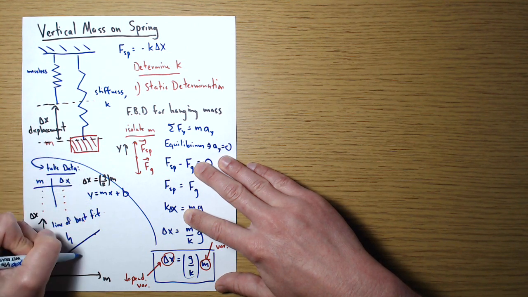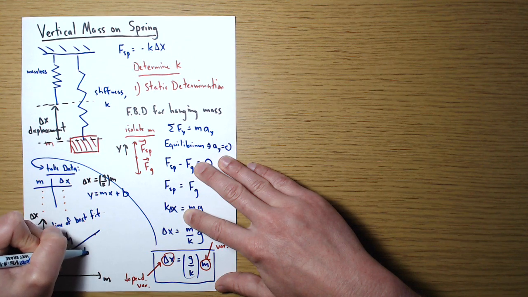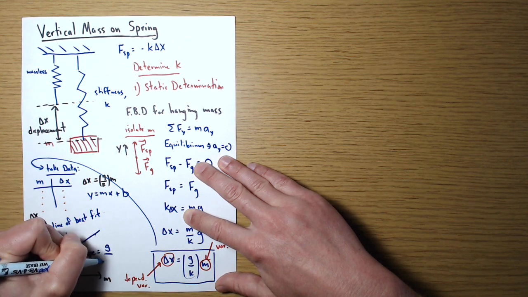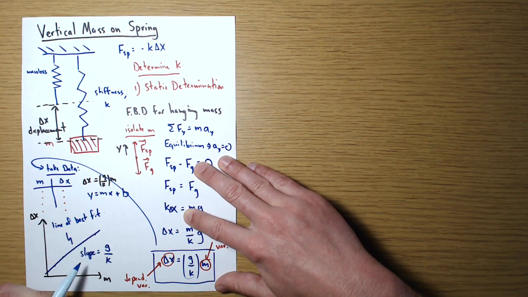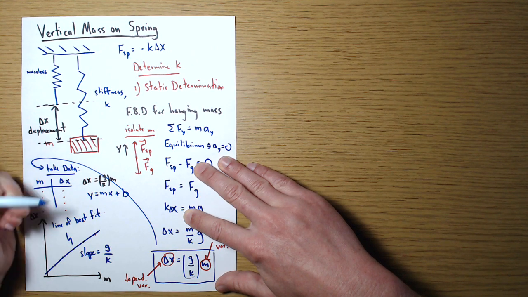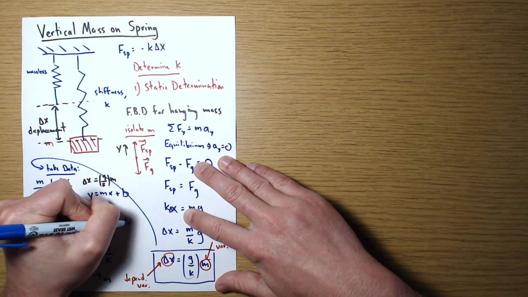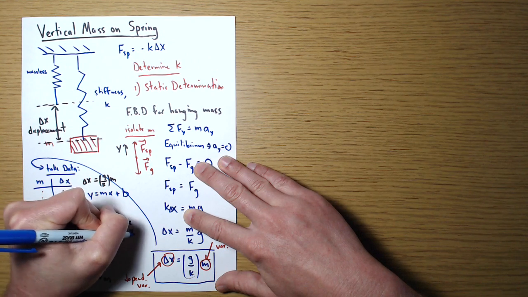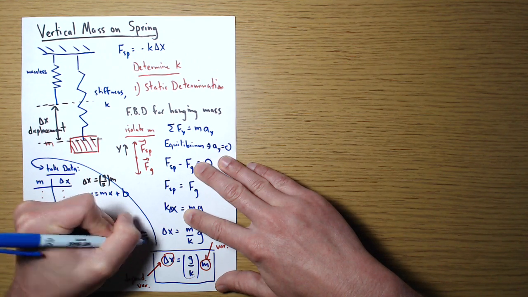So the slope is equal to g over k. So the way that we find the spring constant here is by using the linear regression to find the slope. We take the acceleration due to gravity to be 9.8 meters per second squared, and that gives me a value for k.